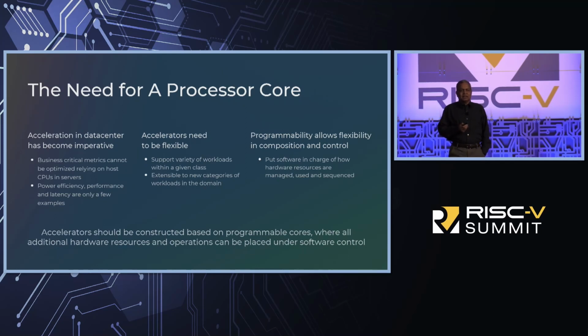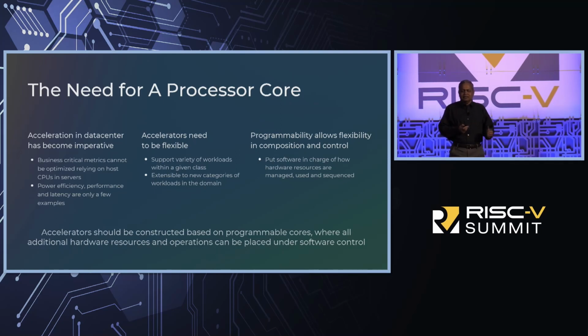The metrics that we are really looking for are power efficiency, performance, and absolute low latency on the server. These are some of the motivating factors for us to choose a processor core. And we expect these accelerators to be absolutely flexible, supporting a variety of workloads within a given class.